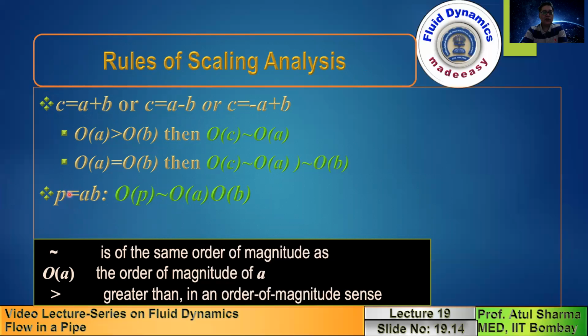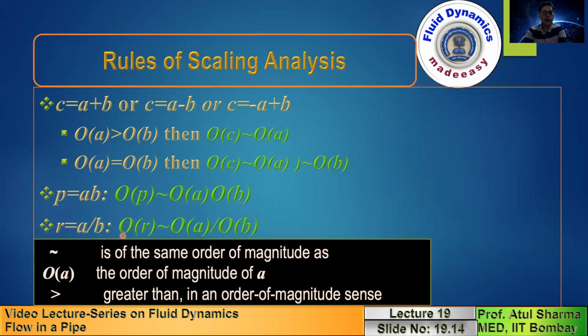So this was for summation or subtraction. If you have a multiplication, let us suppose P equals A into B, then the order of P is equal to the product of the order of A and the order of B. If this is of the order of hundreds and this is of the order of tens, then the product, 100 into 10, will be of the order of thousands, 10 to the power 3.